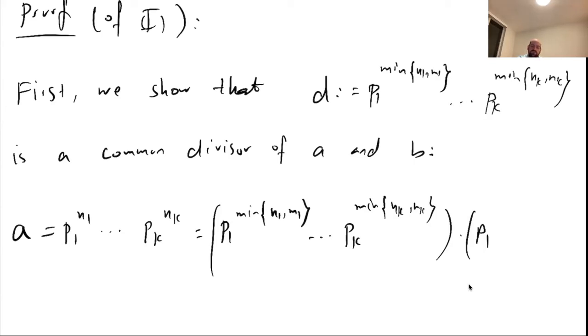I have to multiply this with P1 to power N1 minus minimum N1 M1, times all the way to Pk to power Nk minus minimum Nk Mk. Right? P1 to power minimum N1 M1 times P1 to power N1 minus minimum N1 M1 would give me P1 to power N1. Similarly, all the way to Pk to power Nk.